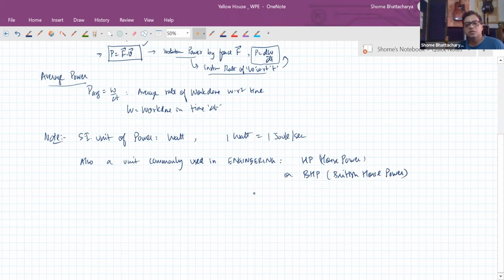They are one and the same thing. So this is approximately equal to 746 watts. No, it is British horsepower.